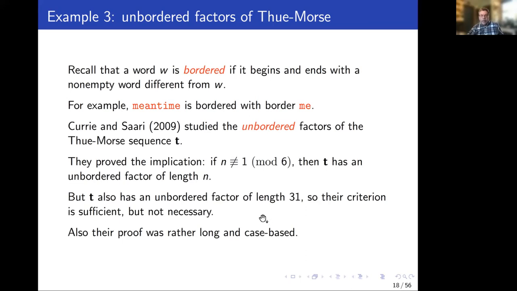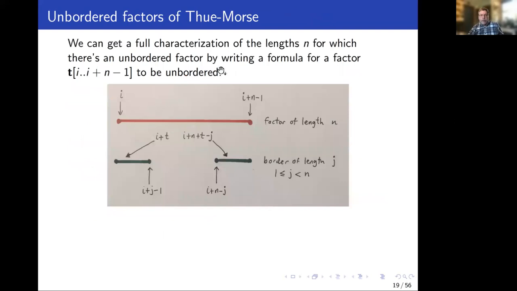If you look at their proof, it's a long, case-based proof. It'd be nice if we could just write this down as a first-order statement and let Walnut work with it. So we can do that. Here's a little picture. Here's the Thue-Morse sequence starting at position i and going to position i plus n minus 1. That's a factor of length n beginning at position i.